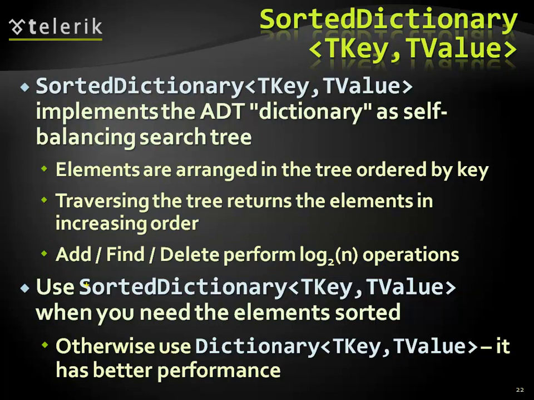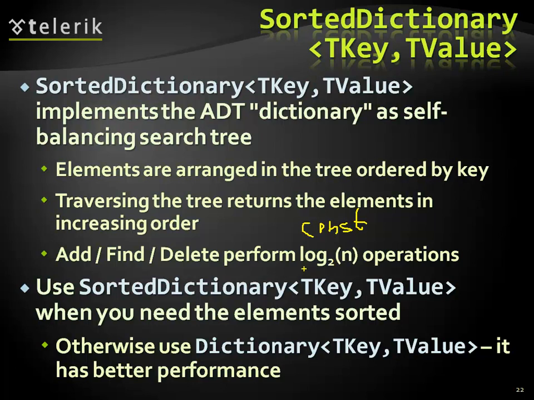Okay, so when you need sorted elements, you just use sorted dictionary. When you don't need elements sorted, you just use the normal dictionary because it's faster. As we said, the normal dictionary has a constant time. This is constant for the normal dictionary. And here we have a logarithm. It's not that it's that slow, but it's still slower.